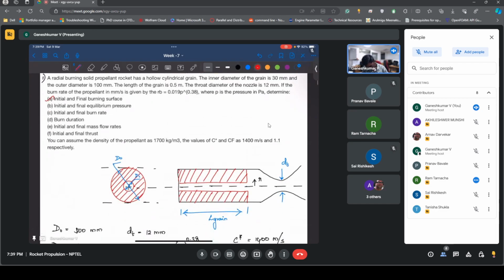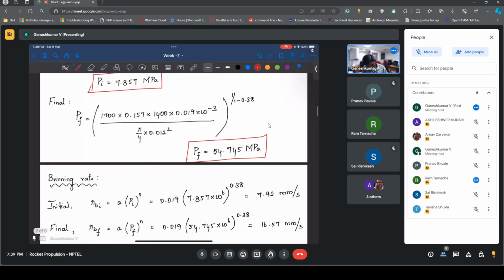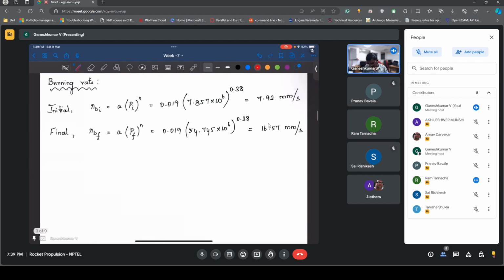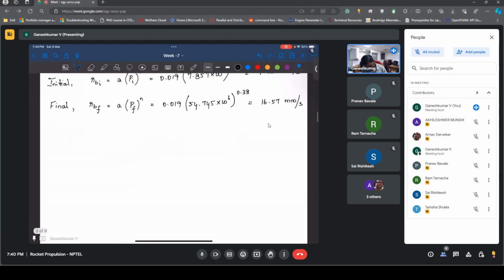We have completed this. Now we need to find the burn duration. I think initial and final mass flow rates would be even straightforward, and also thrust would be straightforward. Only thing is this burning duration we need to find out.